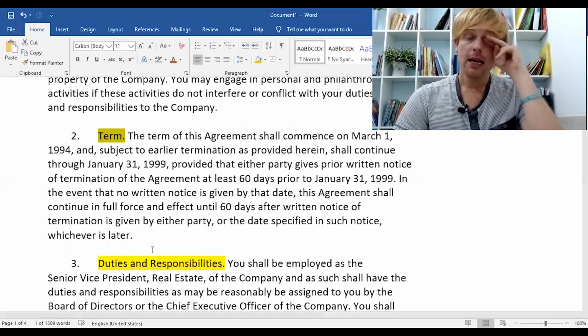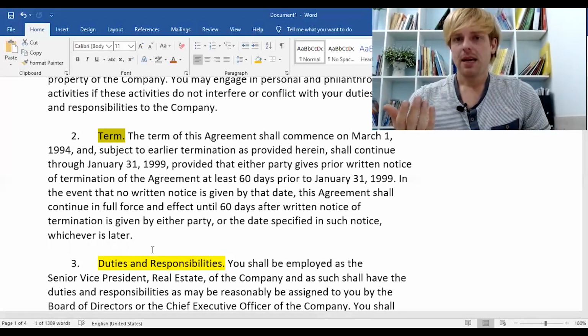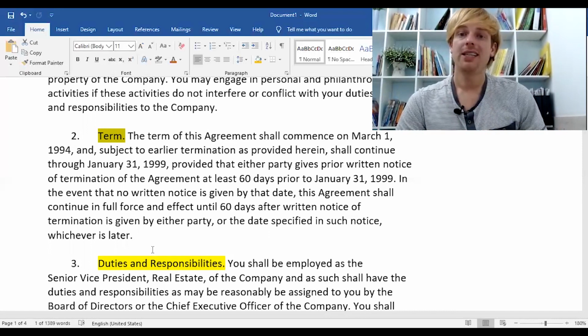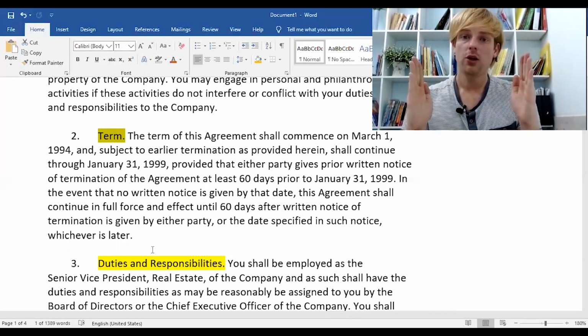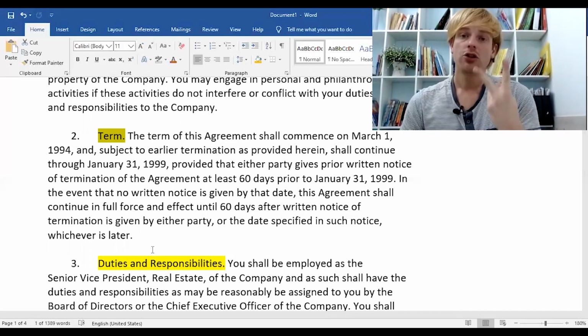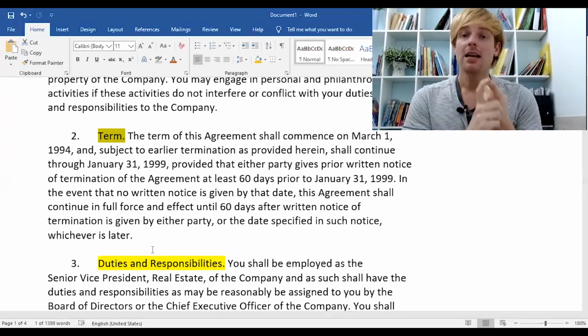Number 1, it means part of the contract, the terms of the agreement, the rules of the agreement. That's one definition. The other definition is time period. The term of this agreement is 6 months. So be aware, the word term has 2 definitions, a part of the contract and an amount of time.